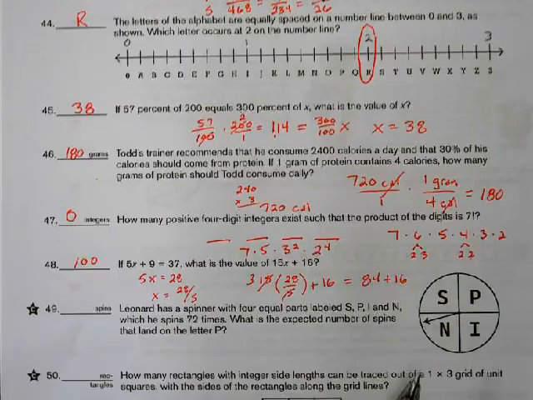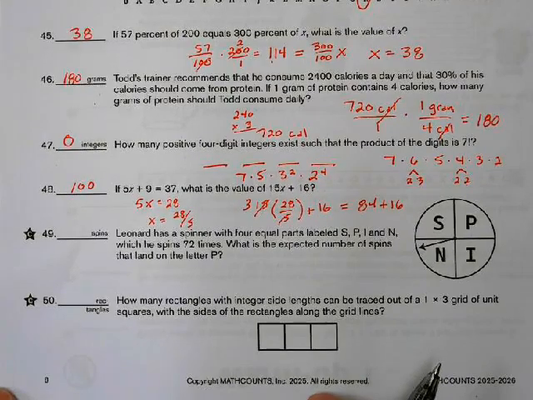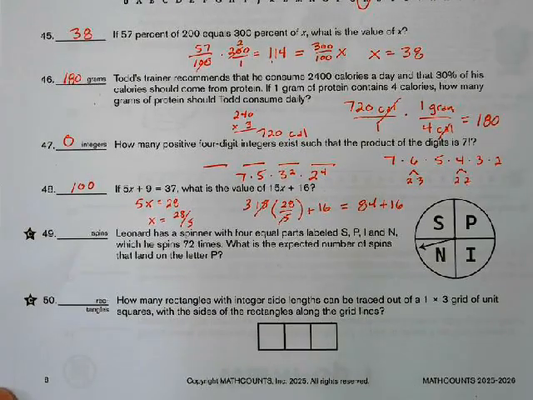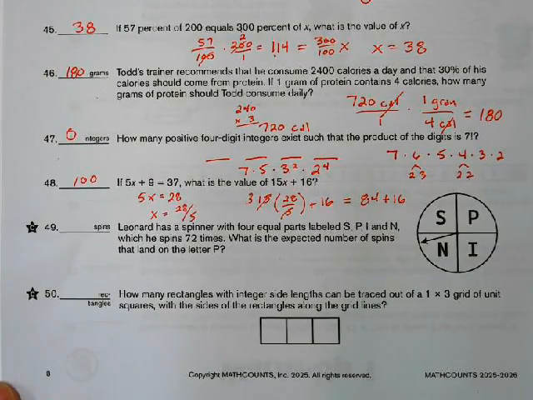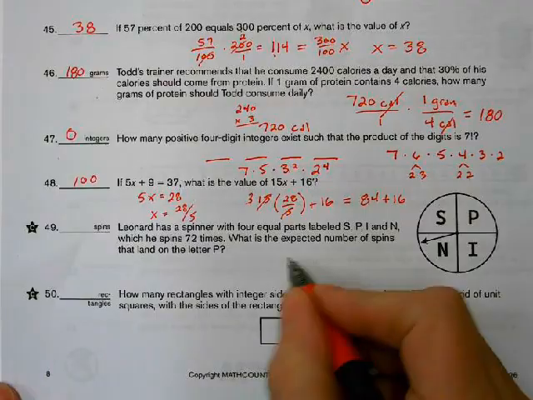Leonard has a spinner with 4 equal parts labeled S, P, I, and N, which he spins 72 times. What is the expected number of spins that land on letter P? So for an expected value, we would find the probability of it happening once, landing on P. That's a 1/4 probability.